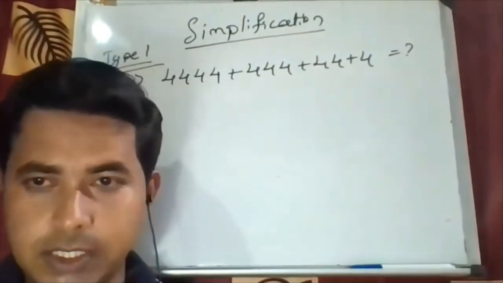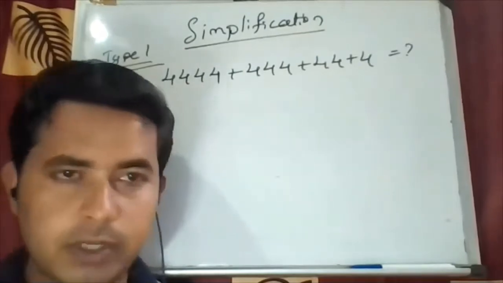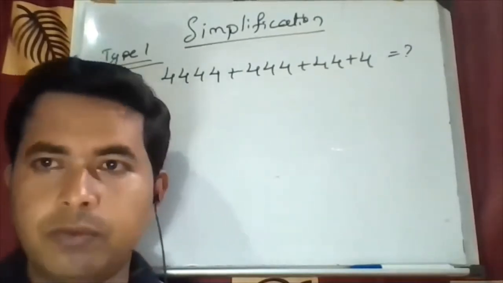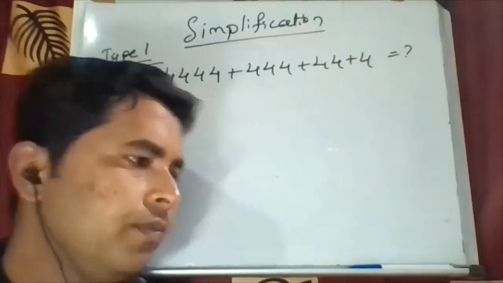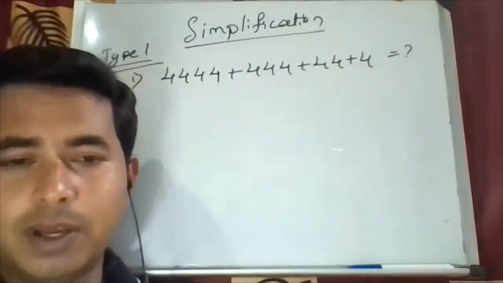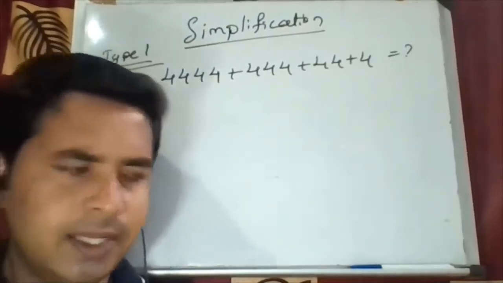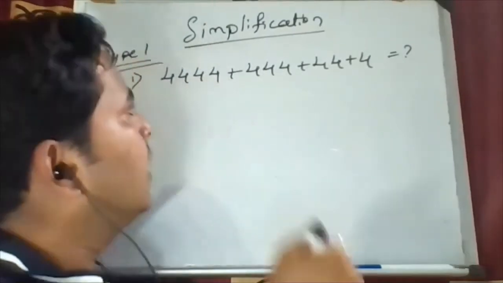Our intention is that we should not take more than a minute to solve any question. So for that, I'll solve this problem in another way, instead of writing one above the other and adding.